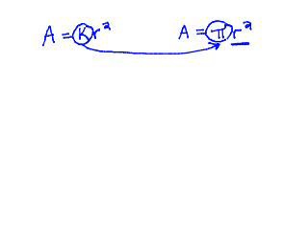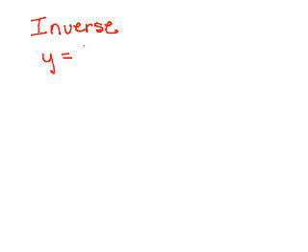Now, inverse, maybe I'll just go to a new page. Inverse is a little different than that. So we're going to look at an inverse variation. And instead of y varying directly, you might say y varies inversely as x.